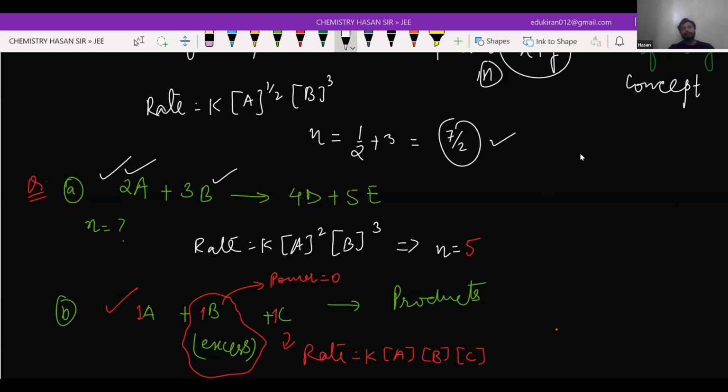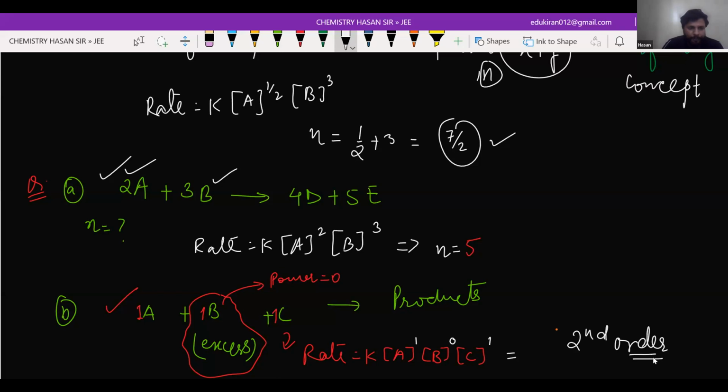So whenever you have something in excess, you take the power as 0. This will be as it is. So when you sum, you will get second order. Is that clear? So zero order is that in which the amount is in very large excess. Is that clear?